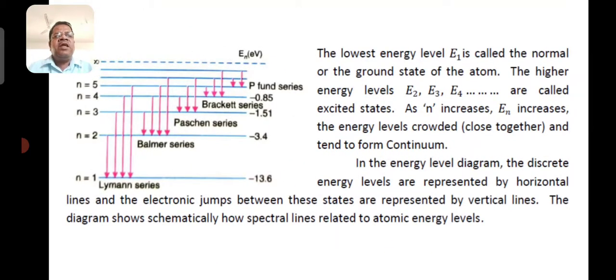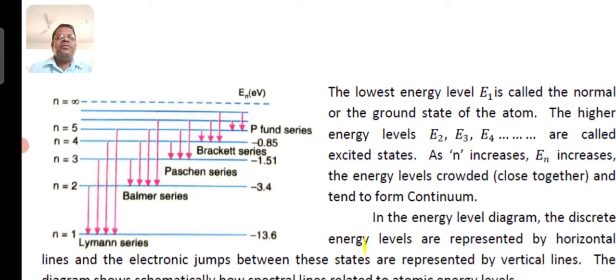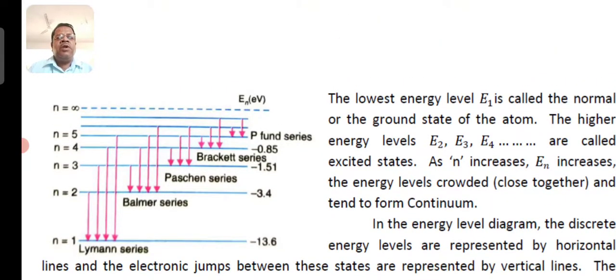Observe here the energy level diagram of the hydrogen atom. n equals 1, n equals 2, n equals 3, up to infinity. Horizontal lines represent discrete energy levels. Vertical lines represent electron transitions between different levels.